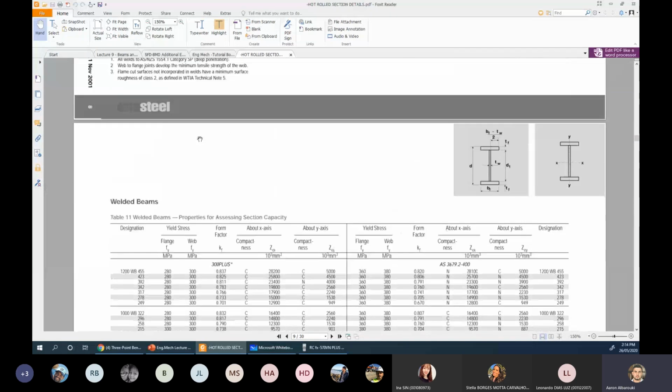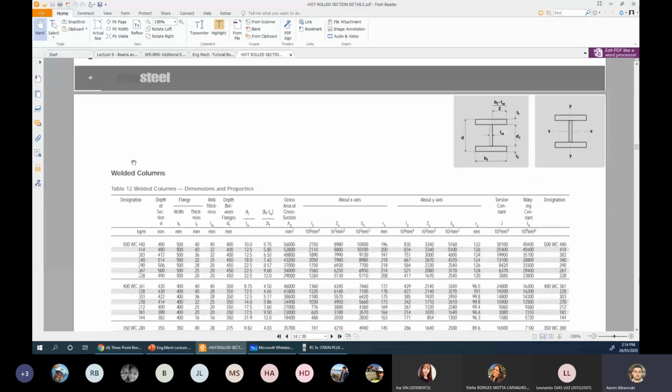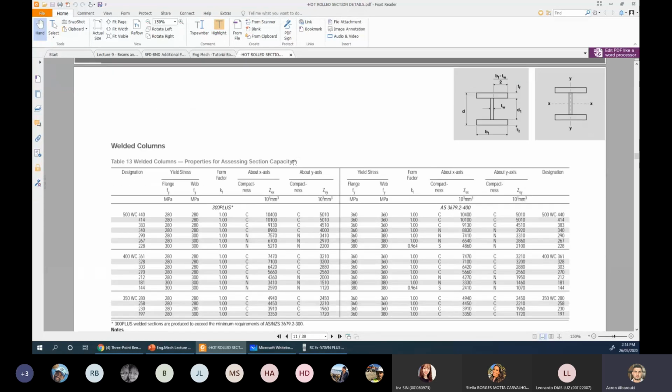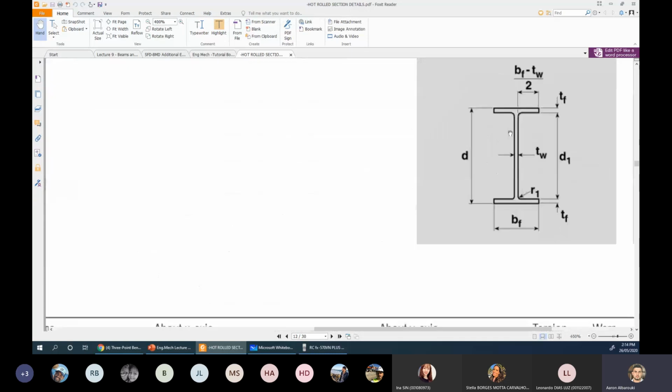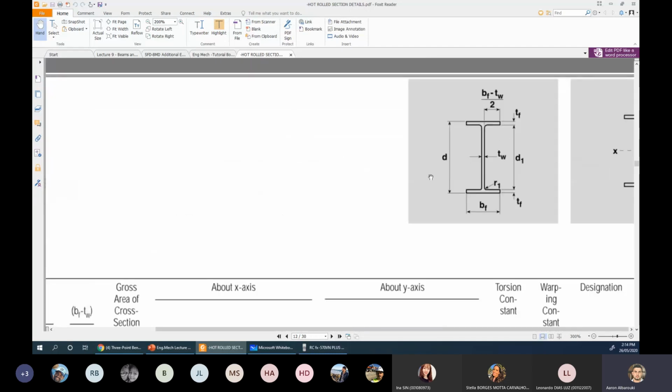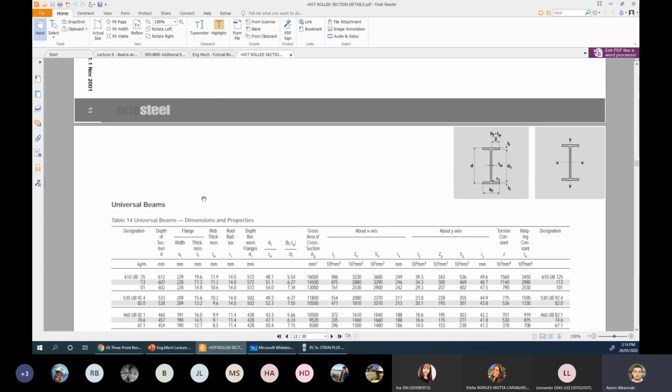The same thing, but a different arrangement, we call them welded columns, which are shorter, but thicker and wider. And then we move on to the universal beams. They are more round because they are hot rolled. These types of sections, guys, we call them hot rolled steel.